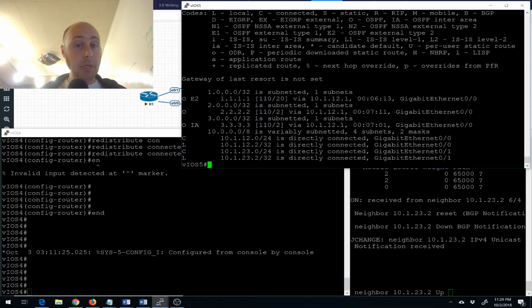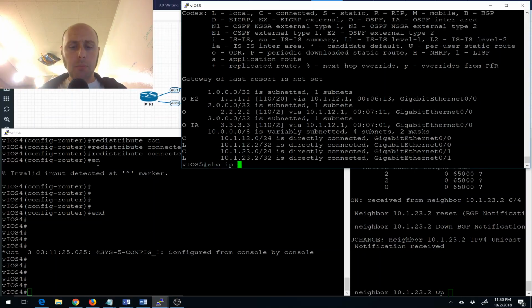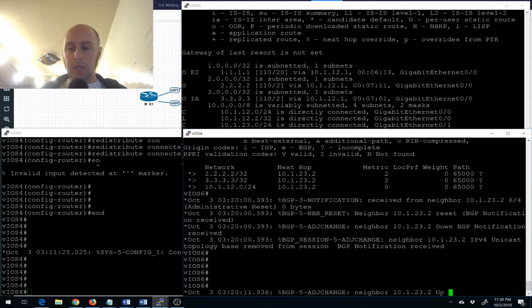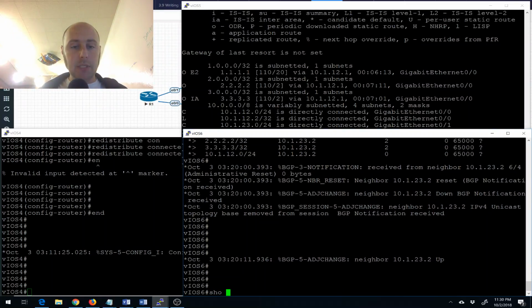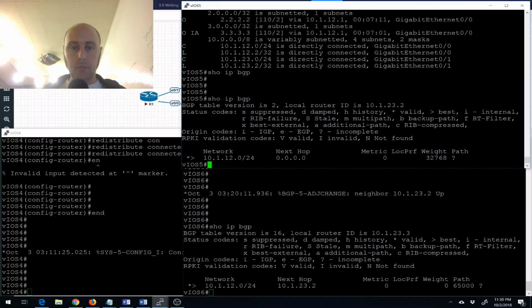Right, we still have our routes in our routing table because we're still learning them via OSPF from the upstream router. But they're not in my BGP table, which means they're definitely not going to be advertised downstream. Yeah, and there's the one prefix we did not apply the network statement to.